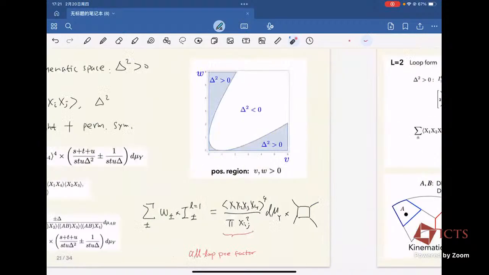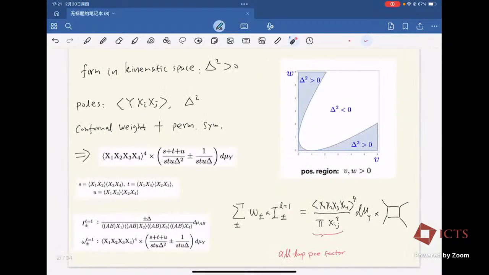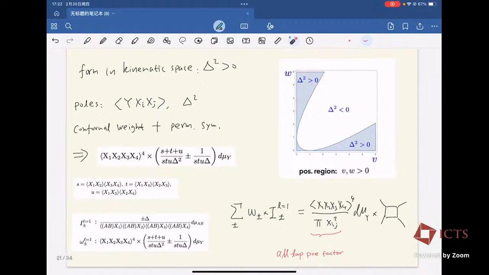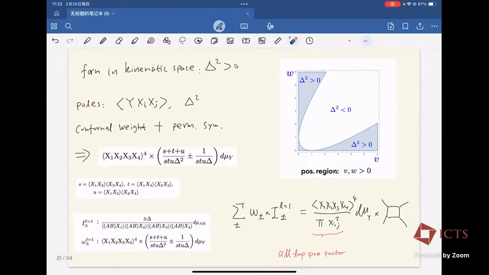So for every point in your tree region, you can compute some loop form, but depending on the different loop forms you get, it dissects the tree region into different chambers. Eventually the canonical form that you compute is given by the product of the tree form times the loop form, summing over different chambers.